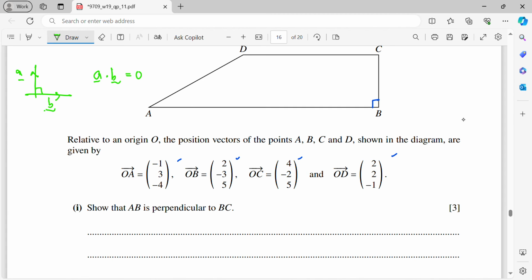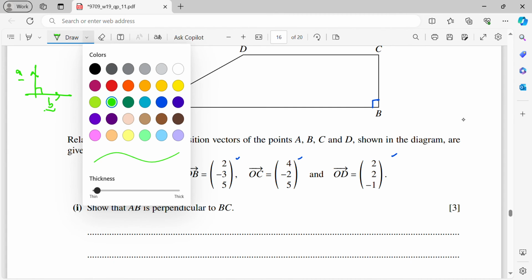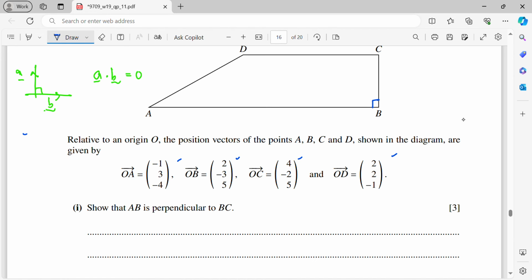This is what I want to show. So I have to start with the vectors first. Vector AB equals vector OB minus vector OA. So this is going to be vector OB (2, 3, 5) minus (-1, 3, -4).